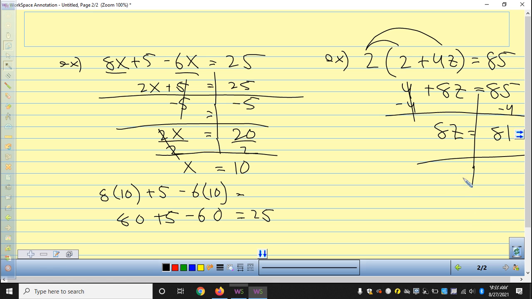And my last step, divide by 8, because this is multiplication. Those go away, and I get z equals 81 eighths. And you could plug that in your calculator and get a decimal, but 81 eighths is fine for an answer. Sometimes you get a fraction.